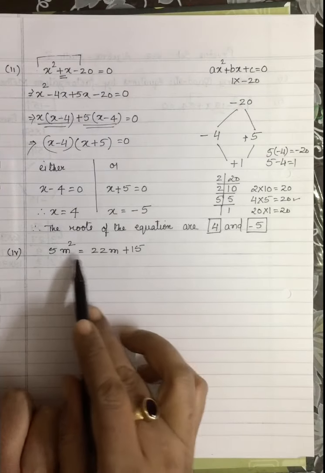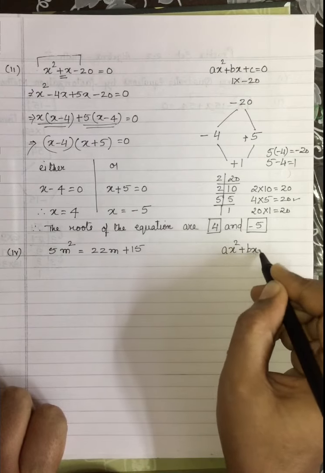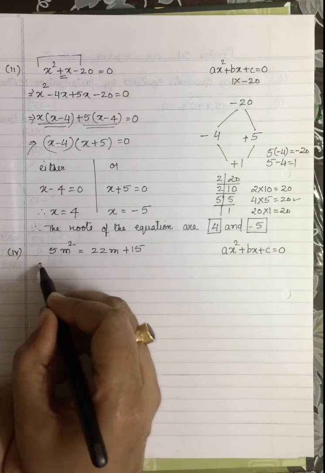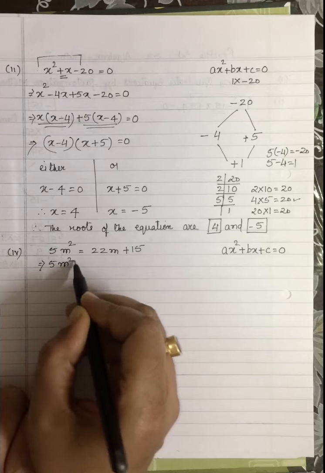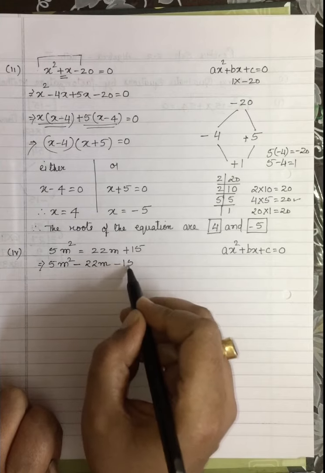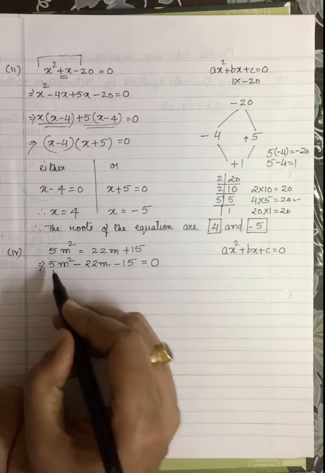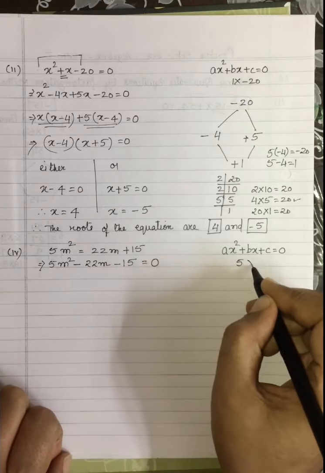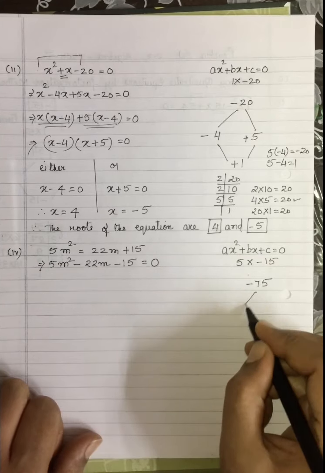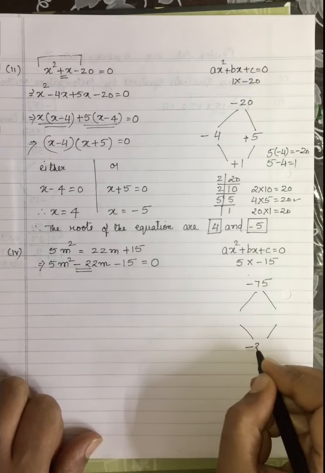You have to first put it in the general form of the quadratic equation, that is ax square plus bx plus c is equal to 0, means make the right hand side 0, bring everything to the left hand side: plus 22m becomes minus 22m and plus 15 becomes minus 15 is equal to 0. The end terms, product of the end terms gives you minus 75 and the middle term is minus 22.